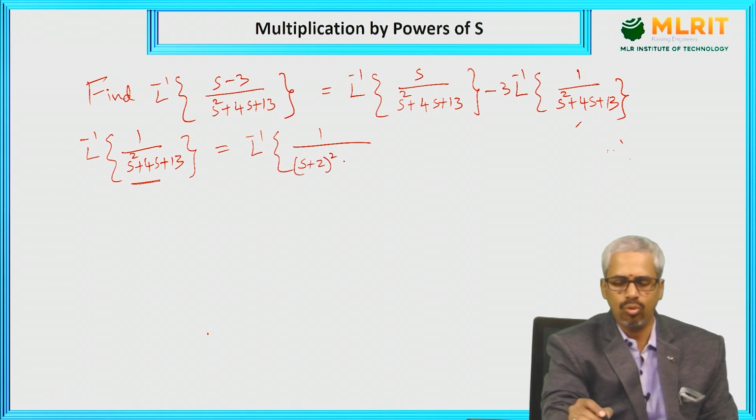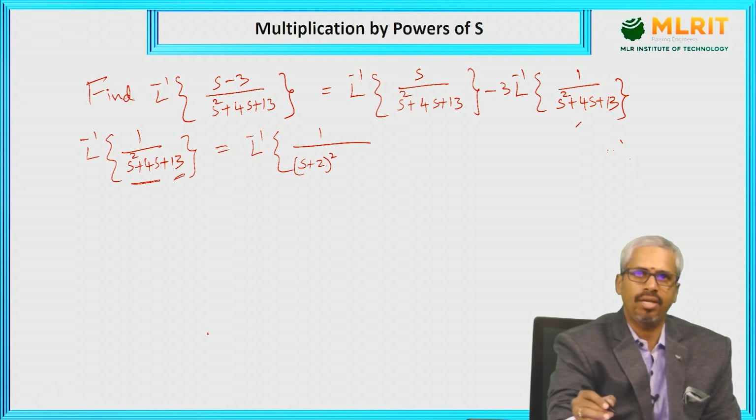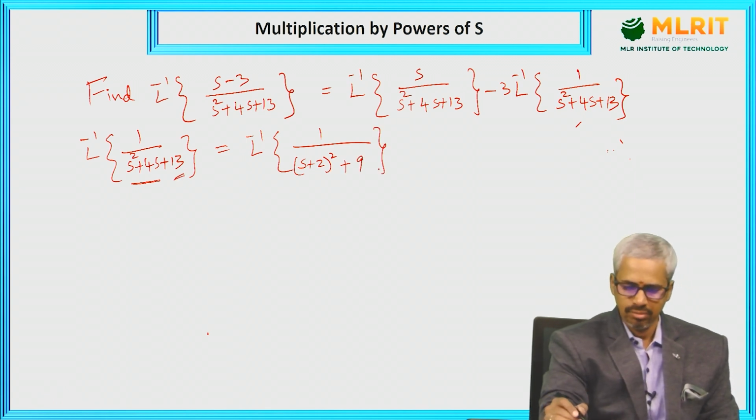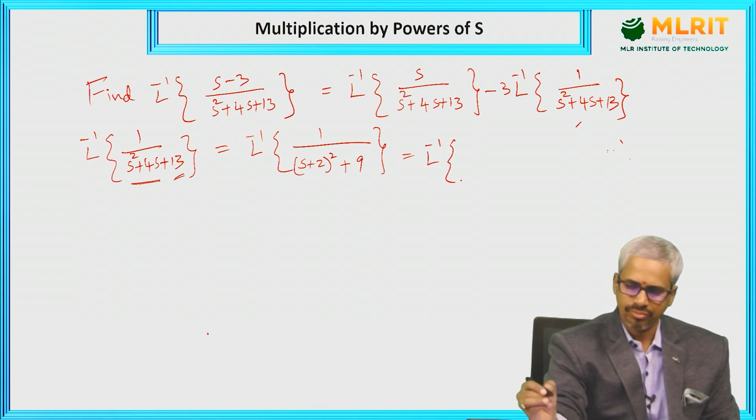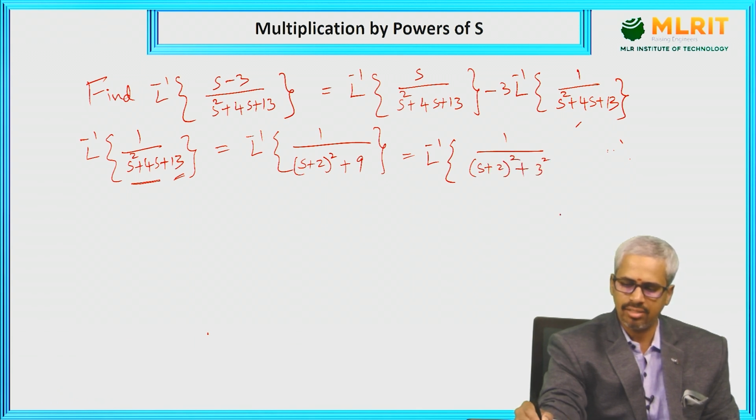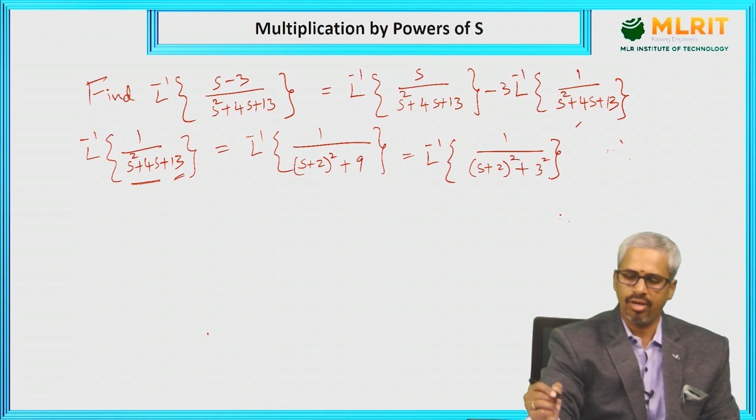What is s plus 2 whole square? S square plus 4s plus 4, but here we have plus 13. So, additionally we add 9. L inverse of 1 upon s plus 2 whole square plus 9 can be written as 3 square, right.